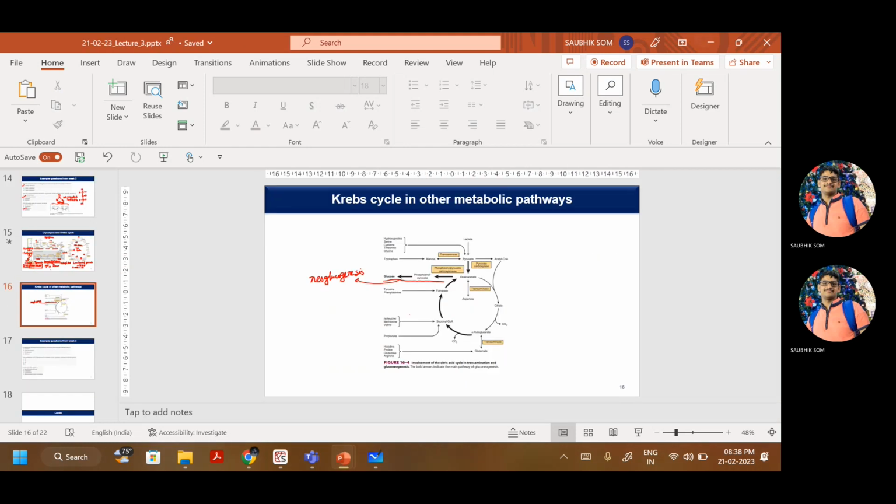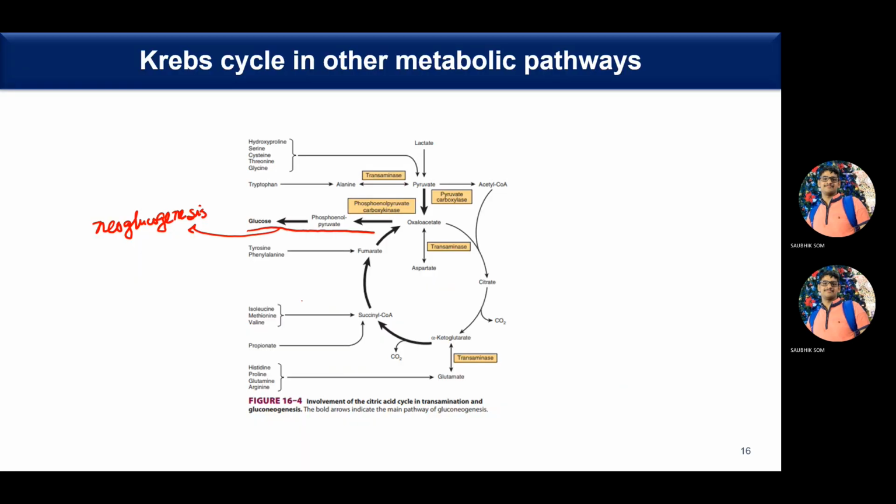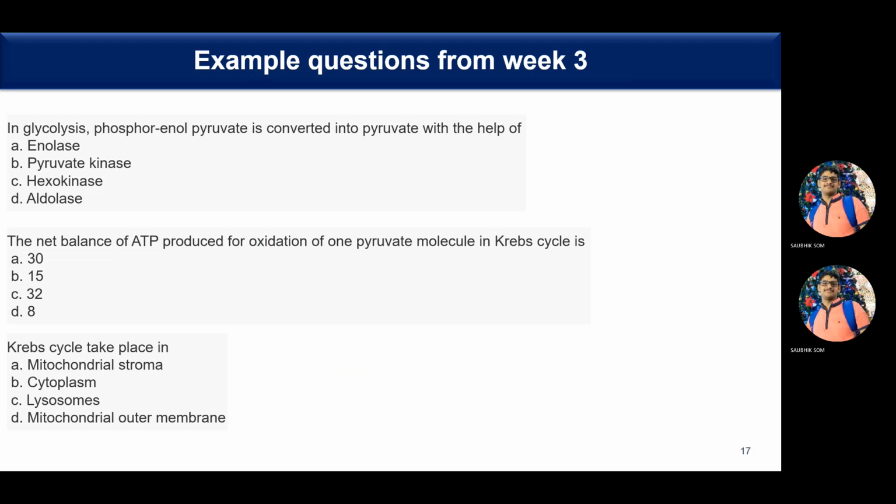Okay. So the example question: in glycolysis, phosphoenolpyruvate is converted into pyruvate with the help of pyruvate kinase. I recently explained the whole glycolysis pathway here. It is of course pyruvate kinase. What is the net balance of ATP produced for oxidation of one pyruvate molecule in the Krebs cycle?